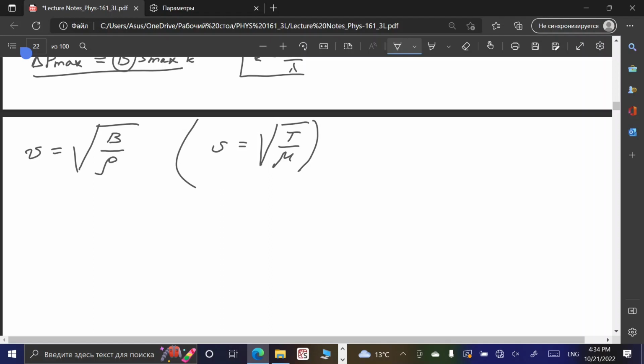So if we consider under normal conditions the speed of sound for air, v air, that will be something around 340 meters per second. That is something about one third of a kilometer per second.